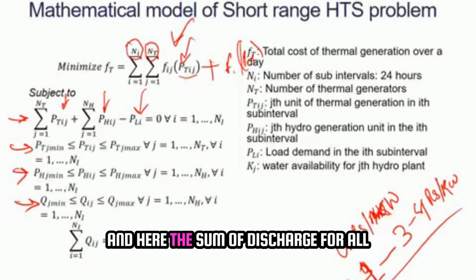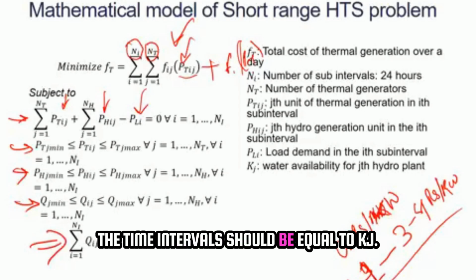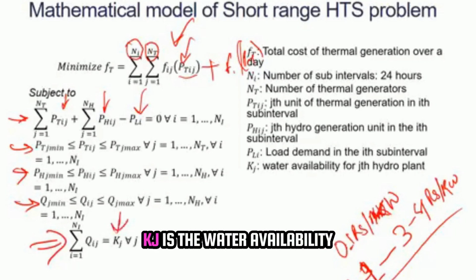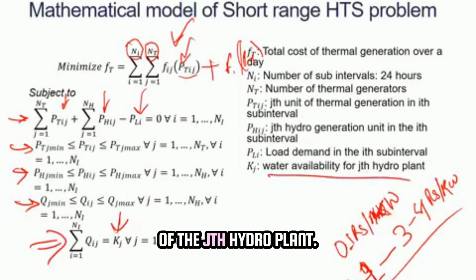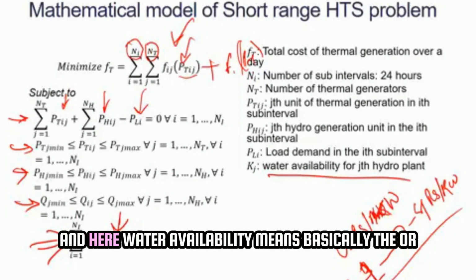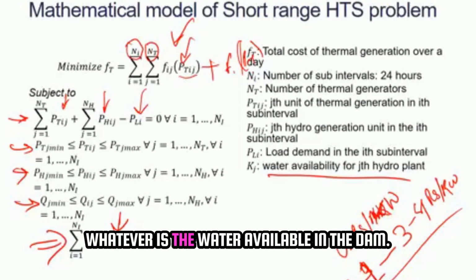And here the sum of discharge for all the time intervals should be equal to Kj. Kj is the water availability of the jth hydro plant, and here water availability basically means the water available in the dam.